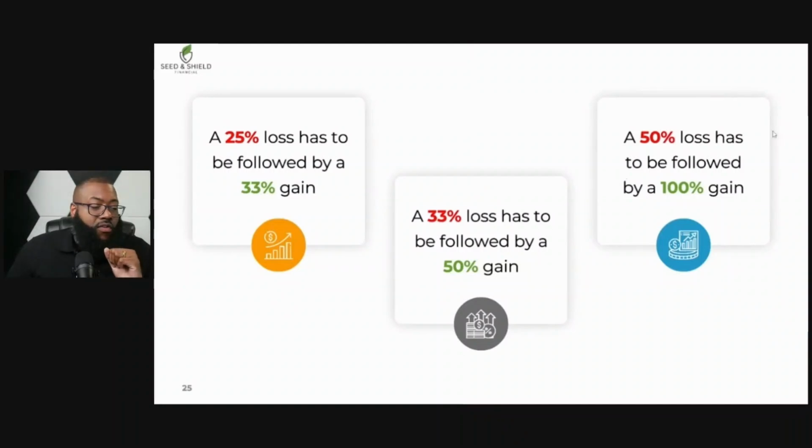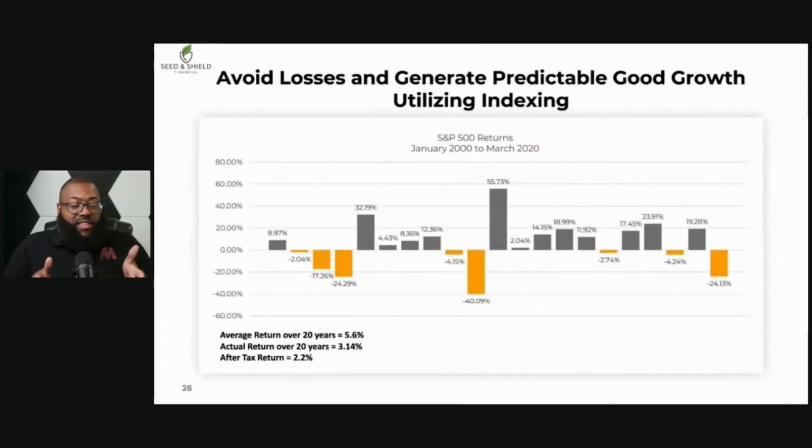All right. So next, let's look at a time period that is real for a lot of us, which is the 2000s. Starting in 2000, these are the S&P 500 returns, right? This is what the S&P 500 performed as from the year 2000 to 2020.